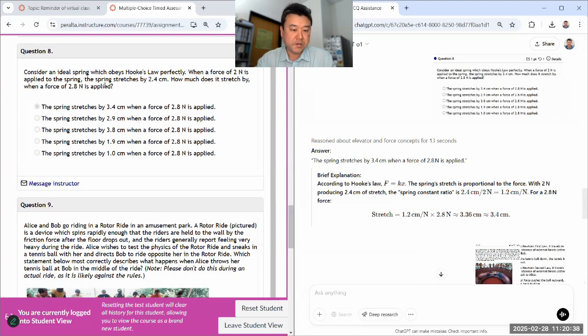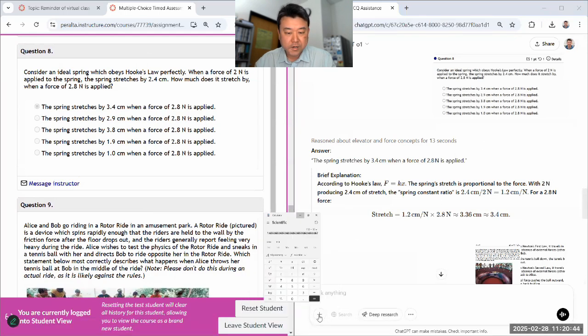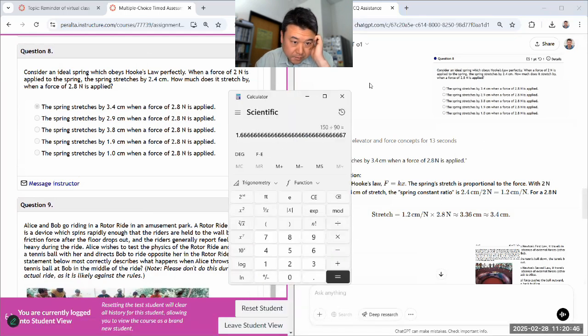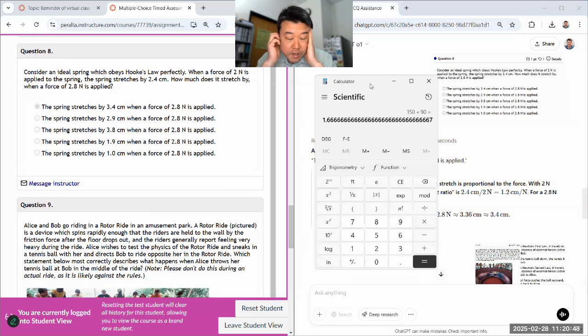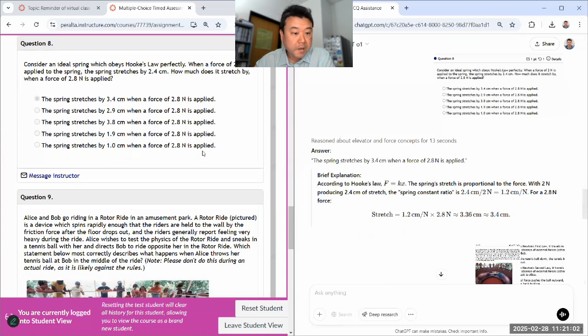Let me work out the ratio, or not working out the ratio, but just trying to do this in my head. The amount of stretching should be 2.8 divided by 2 times 2.4. 3.36, so 3.4. Yeah, that's correct. And the explanation here is probably correct.